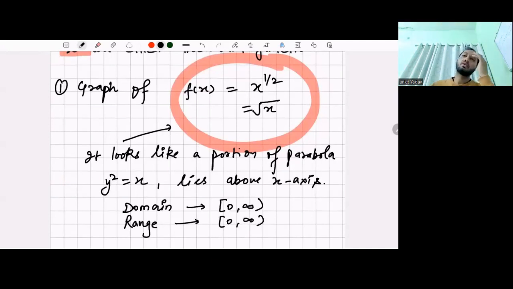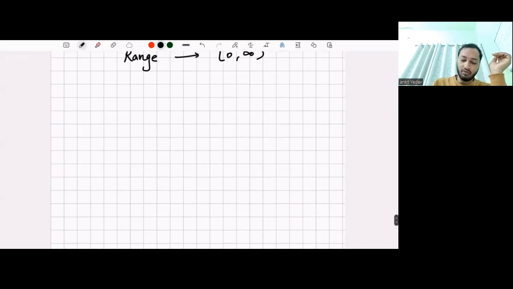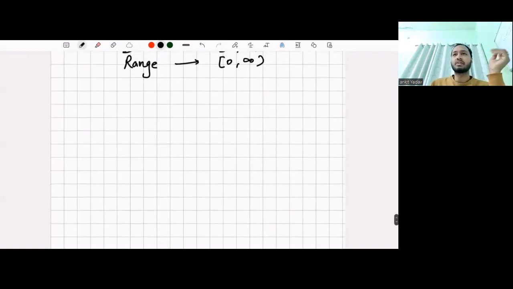So before we draw this graph, we need to see something, let's note it down. बाकी और functions के अंदर also it will be valid for you. So this is a condition.